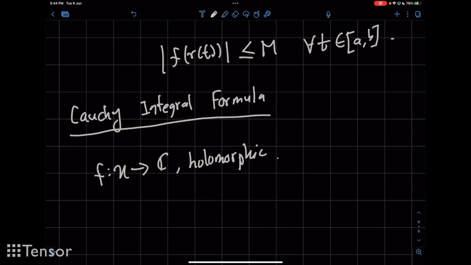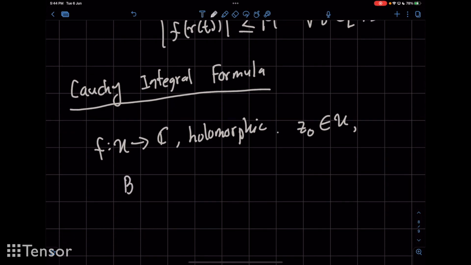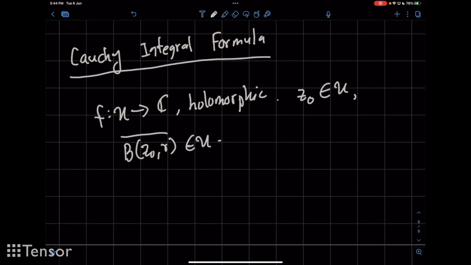Let's take some z0 from U, and I shall further assume that the closure of the open ball centered at z0 with radius r is in U. What do I mean by the closure of an open ball? For complex numbers, the scenario is very simple. The open ball is the interior, and the closed ball contains the boundary as well. So that is the closed ball.